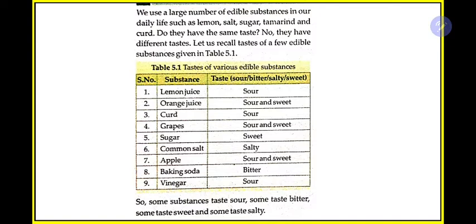So based upon the taste, we can classify things into different groups. So as of now, we know that in our daily life we use different types of things, and these different types of things have different types of taste. The taste can be sweet, sour, bitter, or salty. Okay, so there are different tastes.